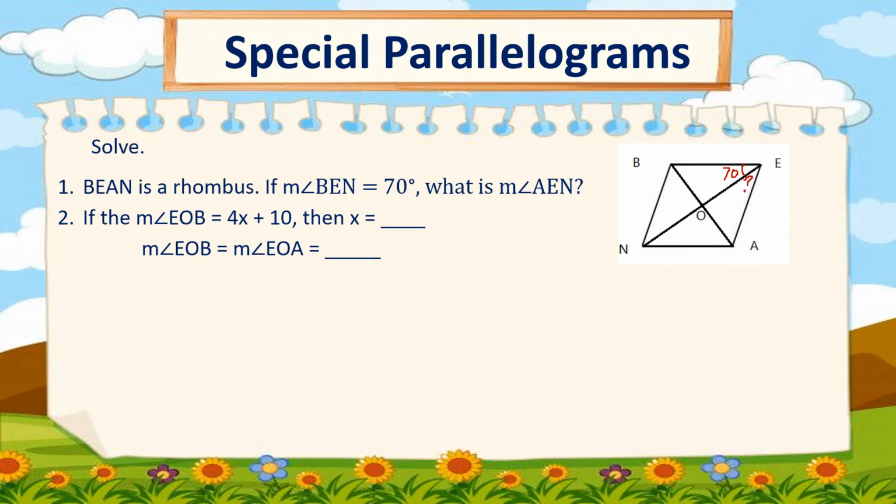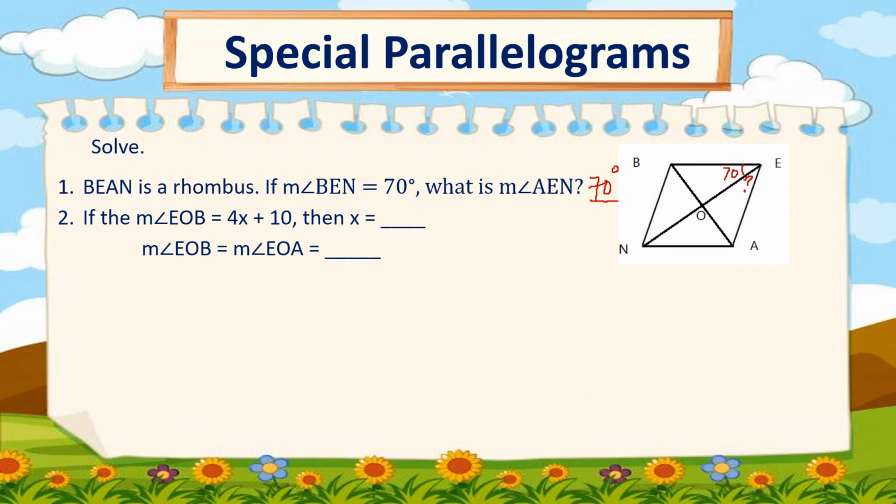Here is angle AEN. As we have learned, if this is a rhombus, the diagonals bisect the opposite angle. So if angle BEN is 70 degrees, we can say that the measure of angle AEN is also 70 degrees.